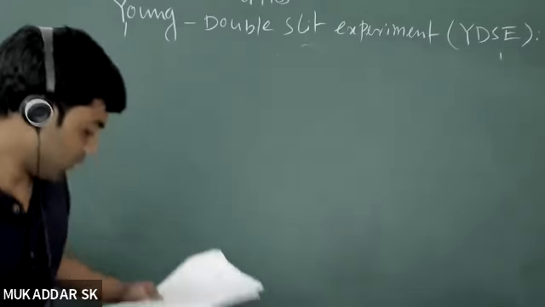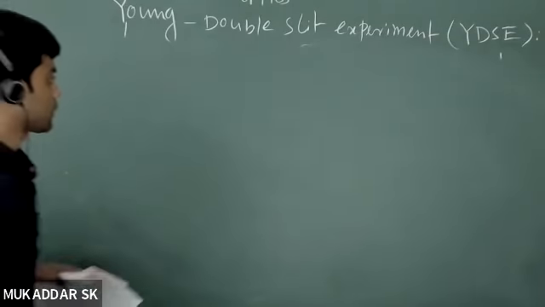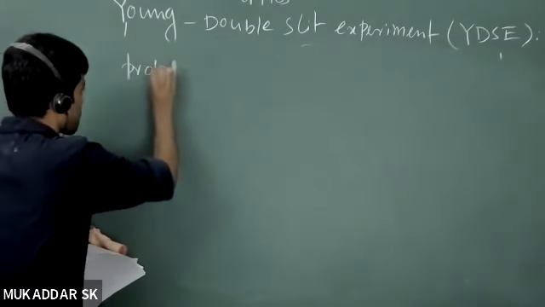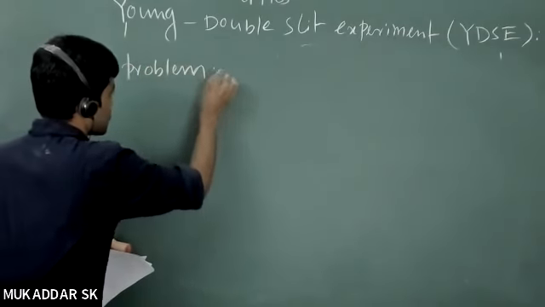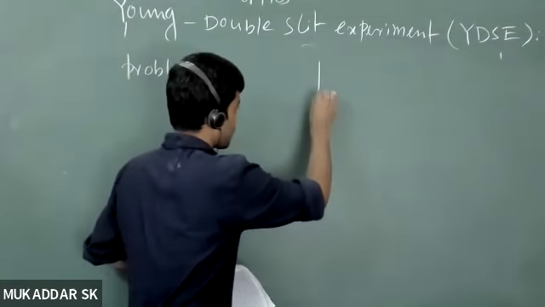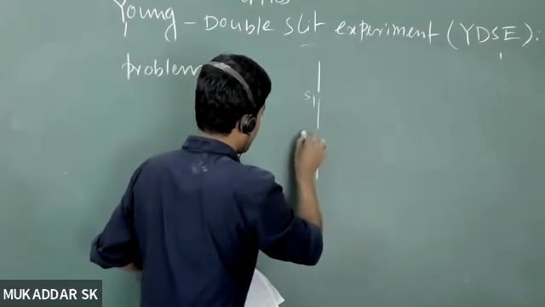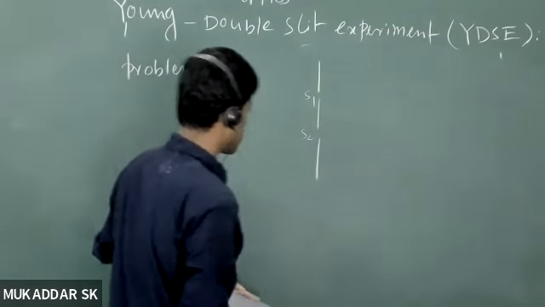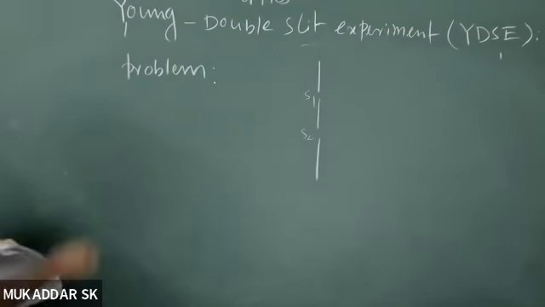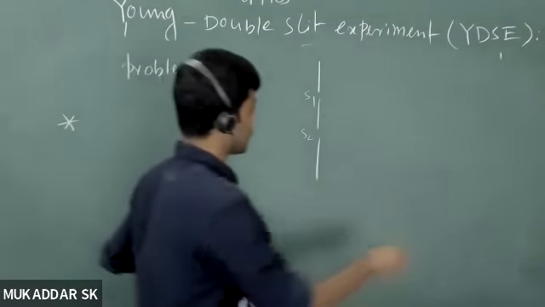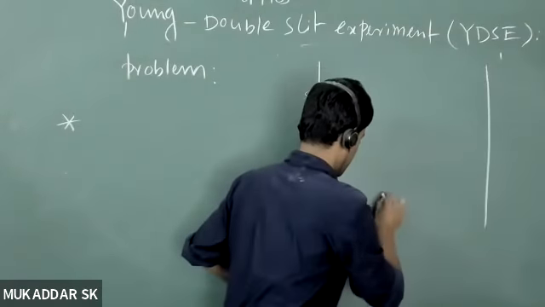Now, an interesting question is this. If you remember, this is your problem actually. You have two slits, S1 and S2, and you have a screen at distance D. What is given in that question?